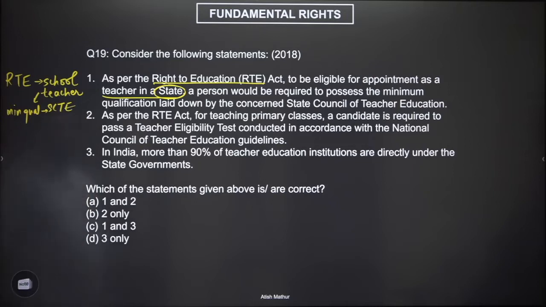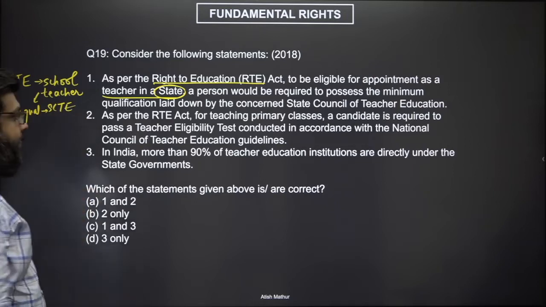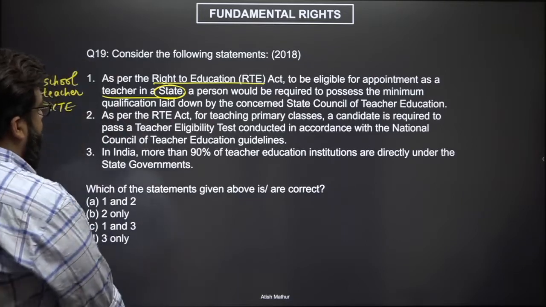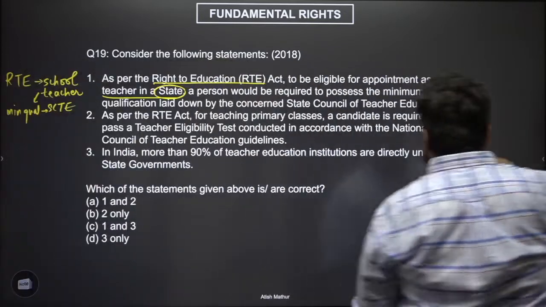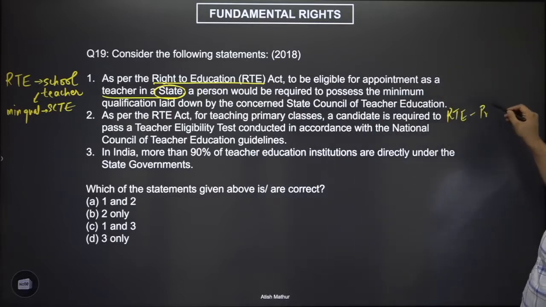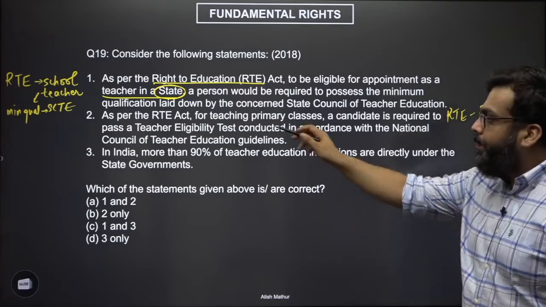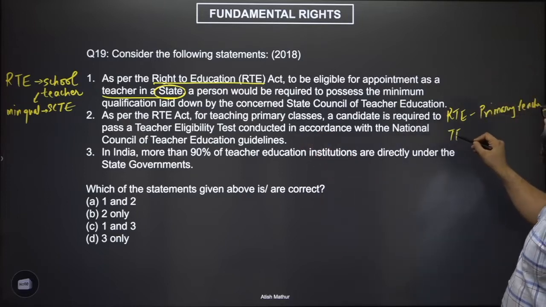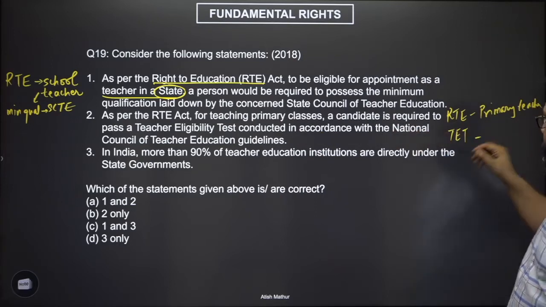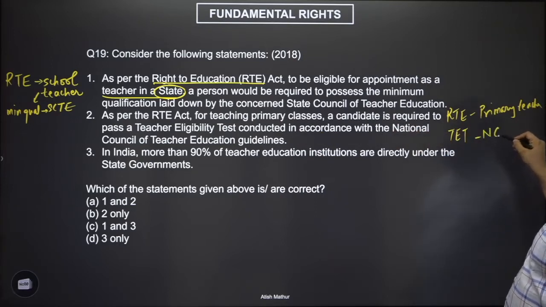Second option, as per the Right to Education Act, for teaching primary classes, which means primary teacher, is required to pass a teacher's eligibility test conducted in accordance with the National Council of Teacher Education guidelines.